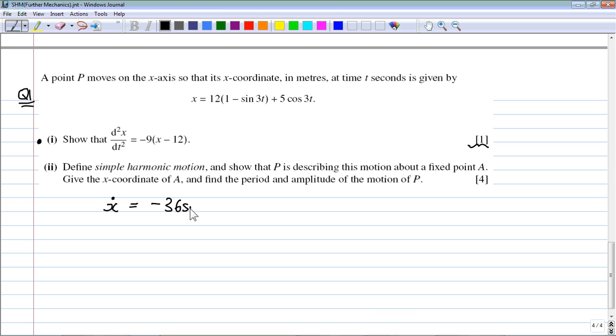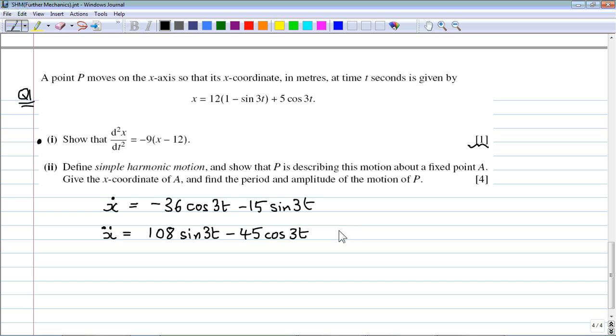I'll get minus 36 cos 3t, and then minus 15 sine 3t, and x double dot, the second derivative of x with respect to t, I need 3 times 36, that's 108 sine 3t, and then it's minus 45 cos 3t, just using the chain rule in each case.